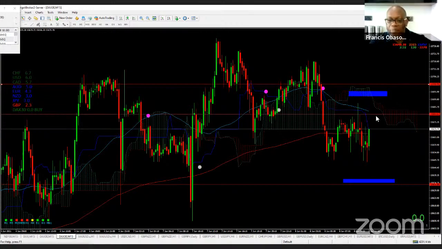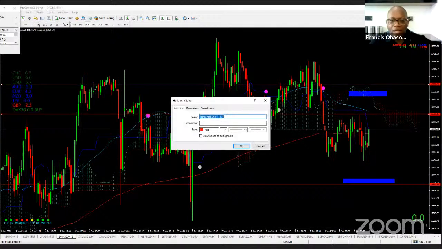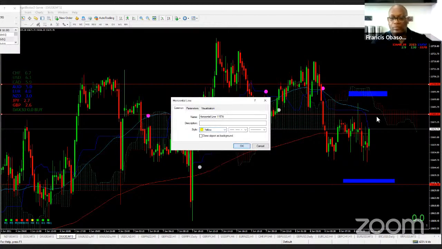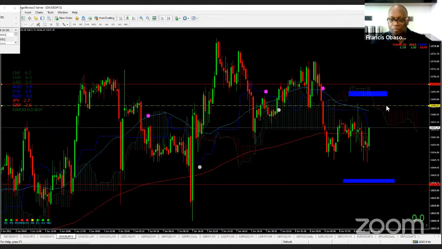Well, it seems like it's going to pull back up there. If it pulls back up there, then we might want to sell. Here, around about here. This is the 15-minute time frame.